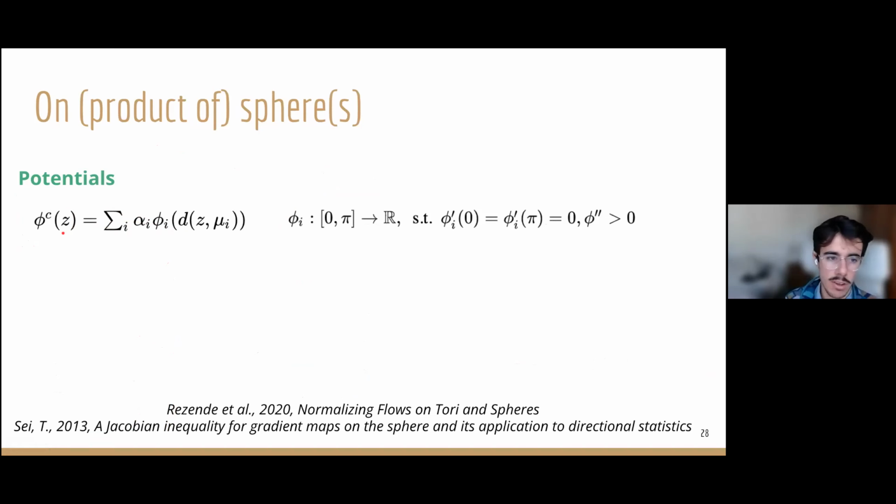So you can have increased expressivity by having a convex sum of simpler C-convex potentials. These two papers propose to parameterize these simpler potentials as a function of the geodesic distance, such that they satisfy this. And if that's the case, then this is indeed a C-convex potential.